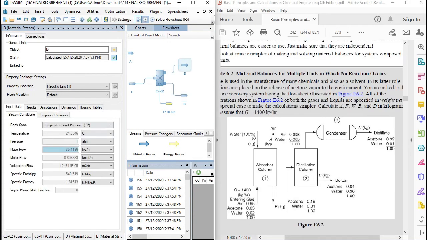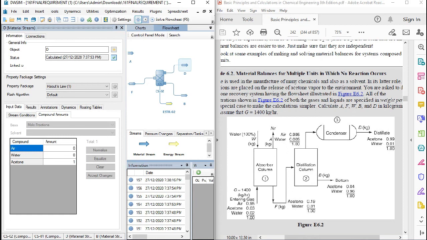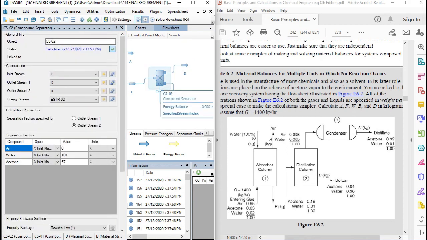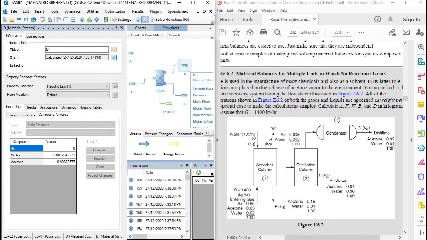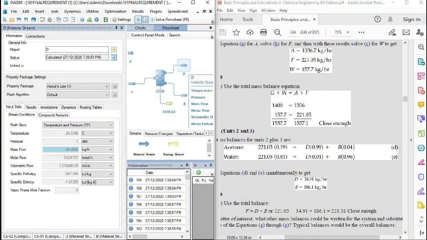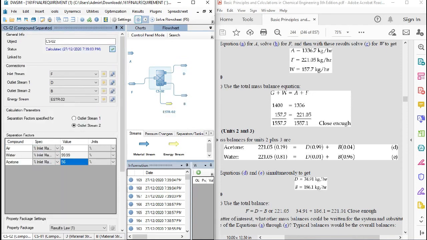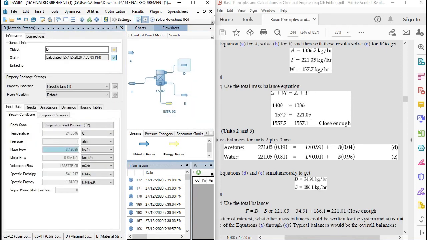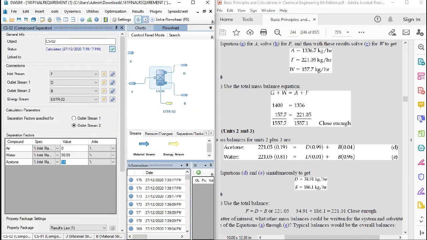As well for our D, for our compound amounts, we assumed that we had 100% of acetone for D, so it's almost exactly the same, 99.99. Okay, so that's how you do it. And then for our stream conditions, it's not exact, but we always look for trial and error. It's such a sad thing about this compound separator because we will eventually, let's say, get 35.5.